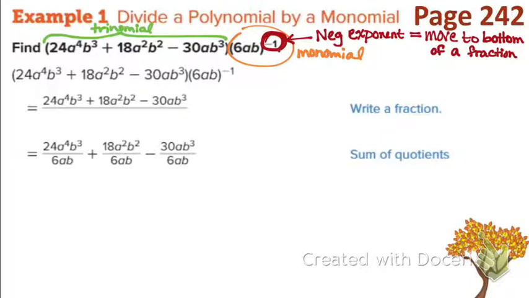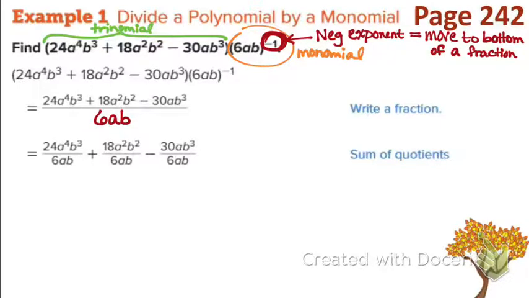All right, so I want to do that. I've got my trinomial up here on top. What should I put on the bottom? 6ab should go on the bottom of my fraction.